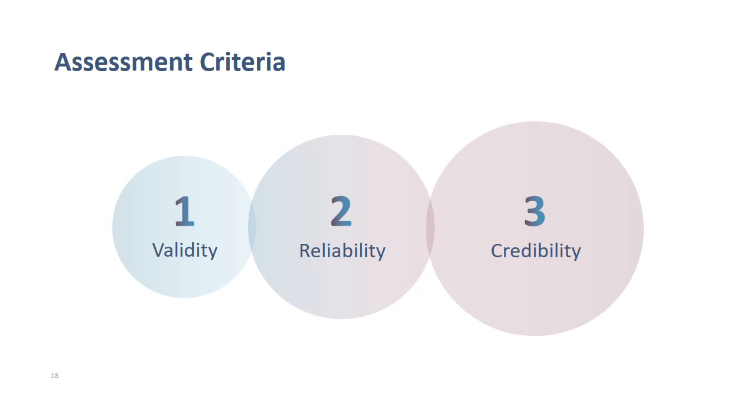And when I capture that information, can I apply it generally? Reliability refers to the degree to which the measuring instrument or tool can capture information and produce reproducible results, right? So I can do something twice and I'll get the same or very similar response. And credibility refers to the degree to which it is believed.